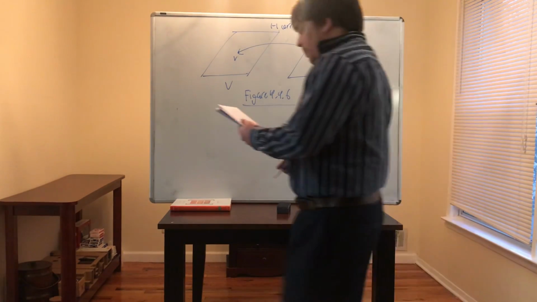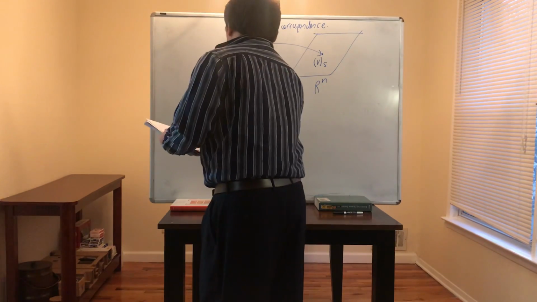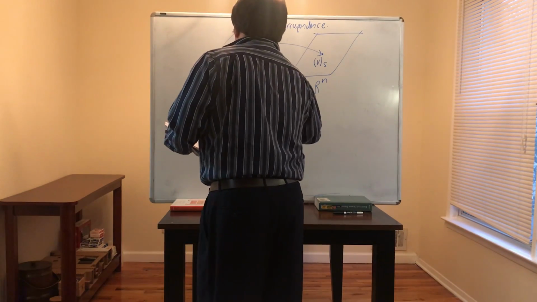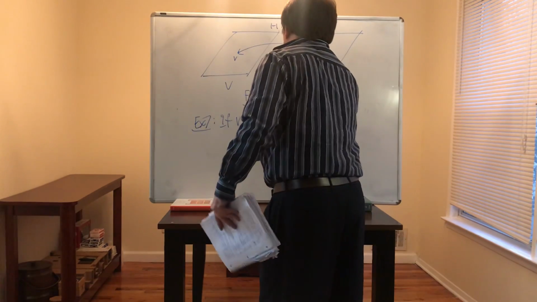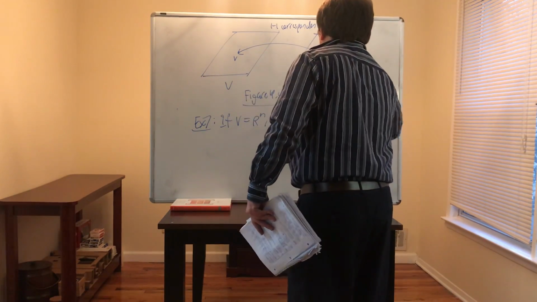Okay? So in example 7, in the special case your vector space is Rn and S is the standard basis, and the standard basis is E1 to En.